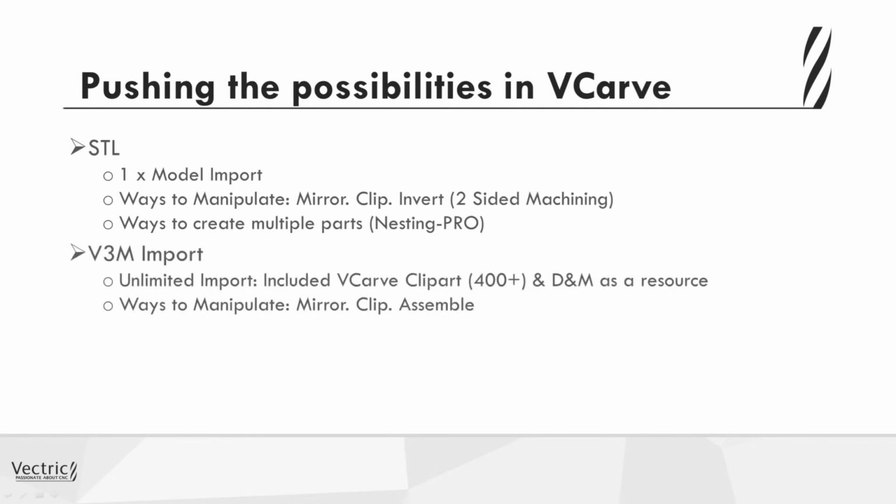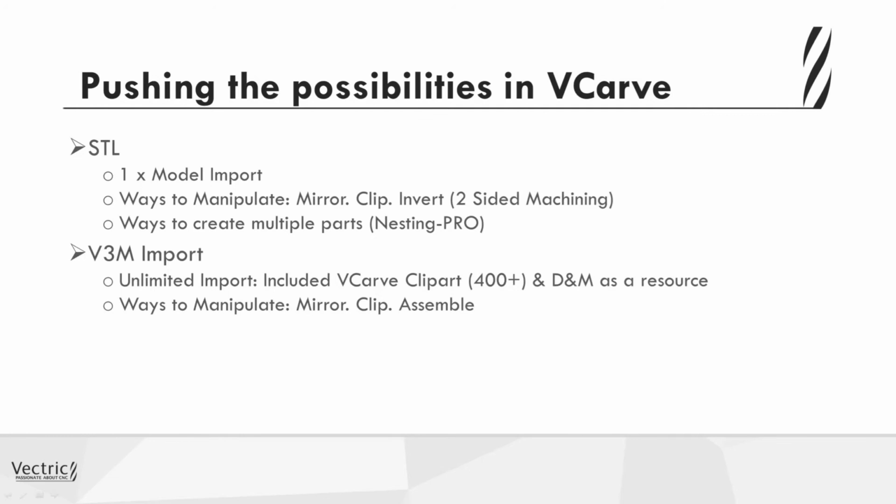We also showed an example where we make use of the Vectric Clipart, remembering that you can import an unlimited amount of V3Ms into your VCarve session, and then using the mirror, clip and various other property tools for the actual components themselves, we created brand new clipart.